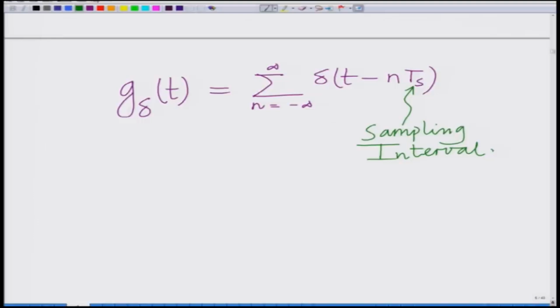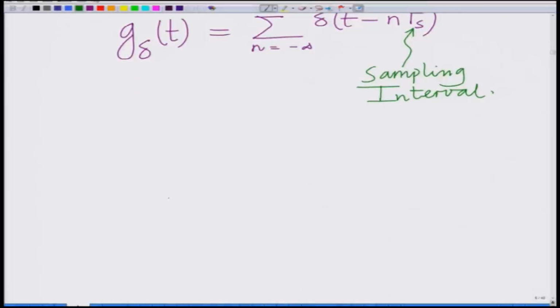Delta is of course the Dirac delta function, and we have a train of impulses at every multiple of Ts.